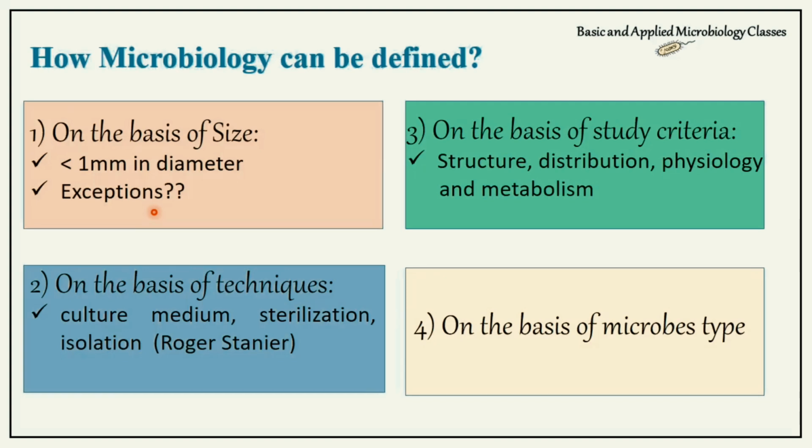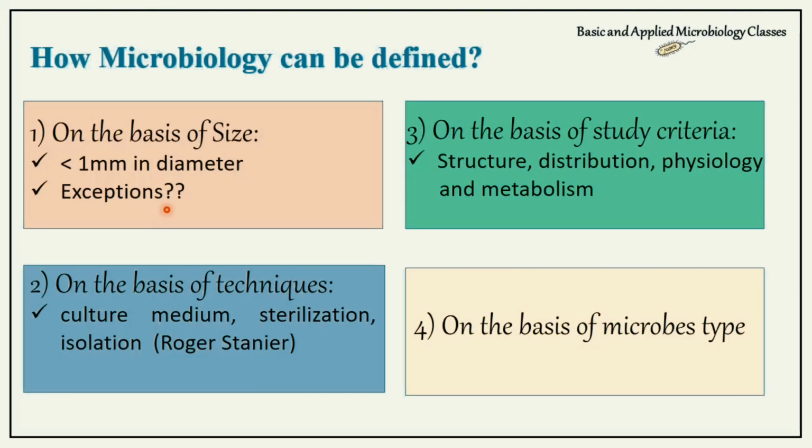Second, if I talk about fungi, there is no need of a microscope to see fungi if we are not talking about the structure. We can visually observe fungi growing on bread, like bread mold. Algae we can easily see in water bodies. So this is an older definition, but I have still included it because in many books you can find this definition included for microbiology.